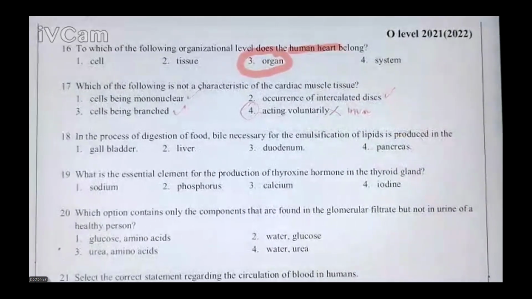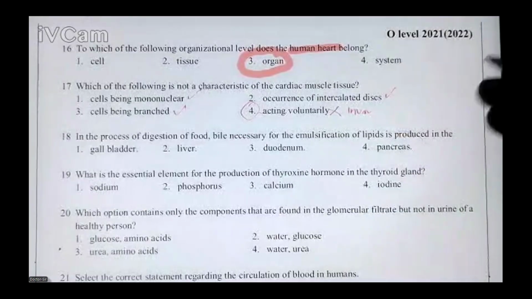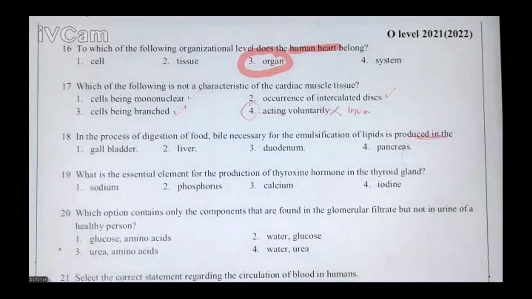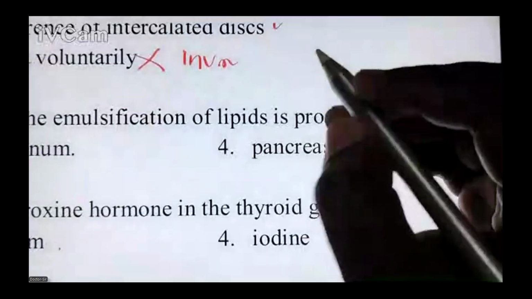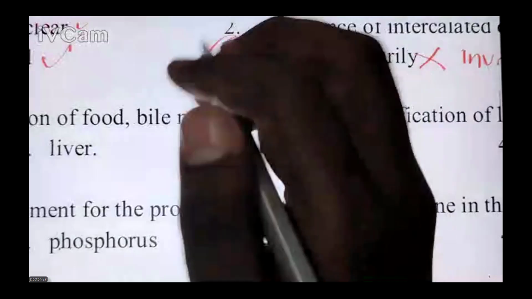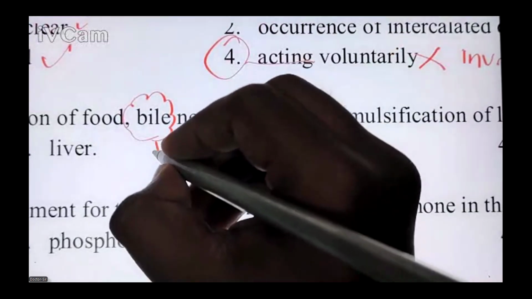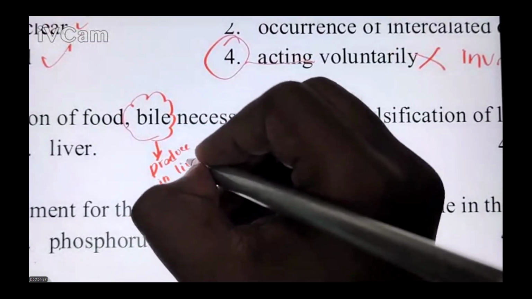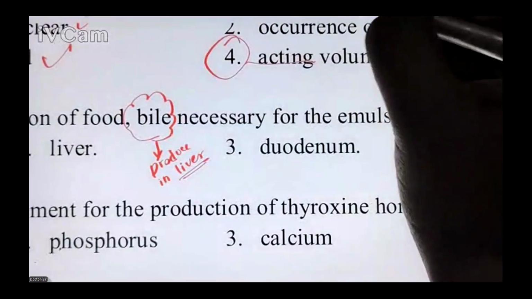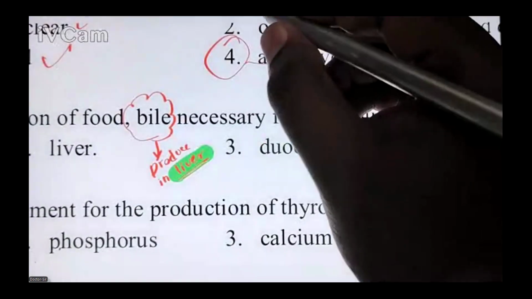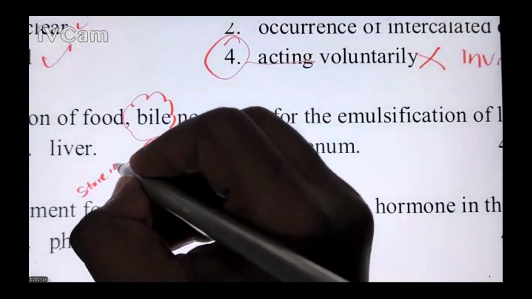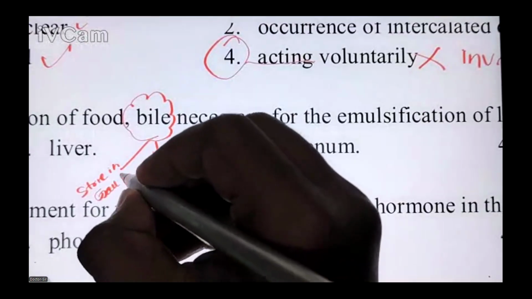In the process of digestion, bile is necessary for emulsification. Where is bile produced? Bile is produced in the liver. Bile is important for digestion. It is produced in the liver and stored temporarily in the gallbladder. You should know these two things.